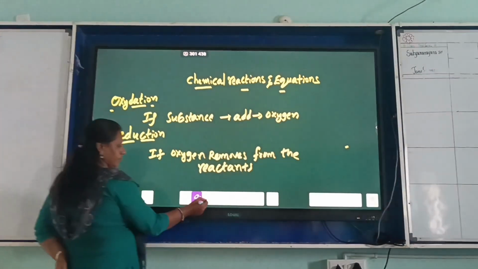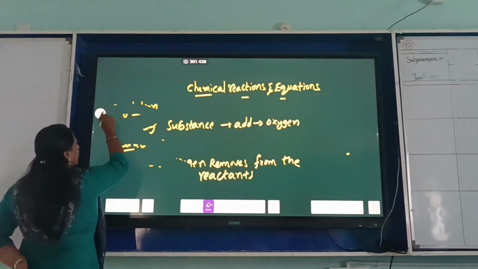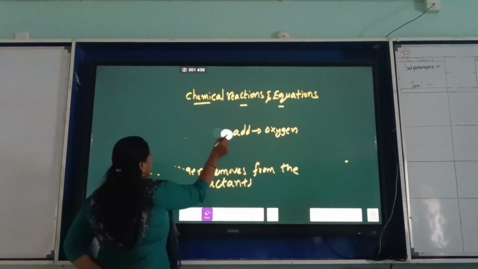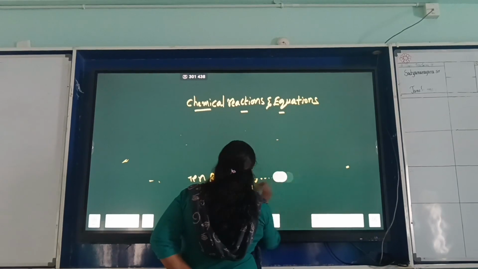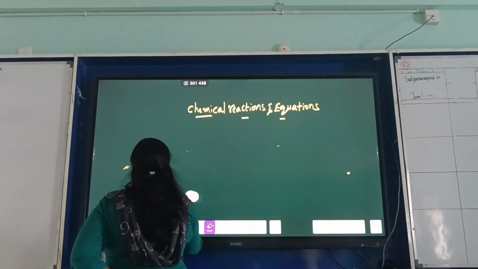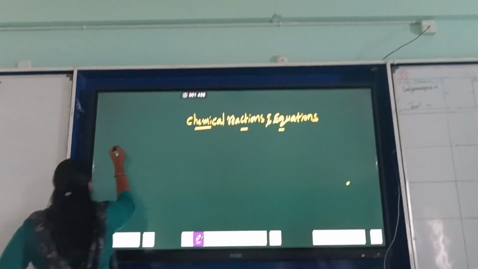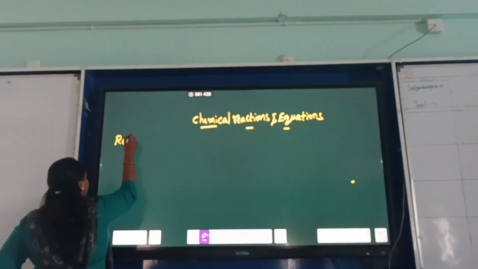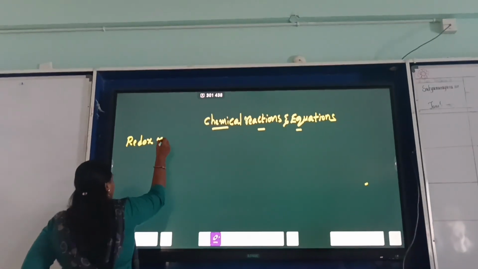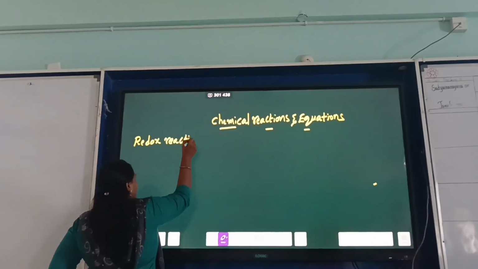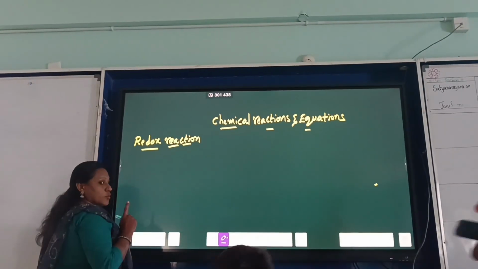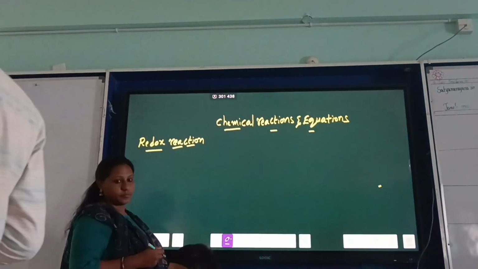This is a reduction process. Next one, redox reaction. What is a redox reaction? We will explain with examples. For example, copper plus oxygen gives copper oxide. Copper becoming copper oxide is an oxidation reaction.